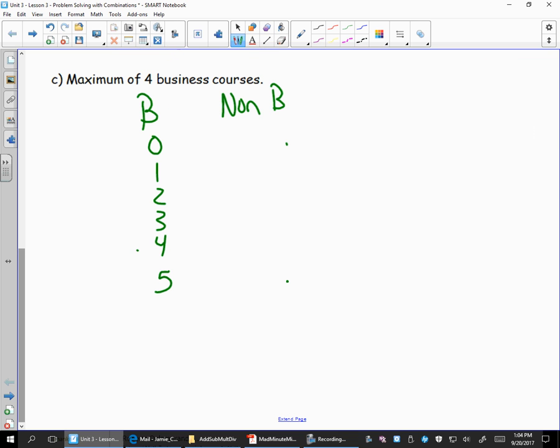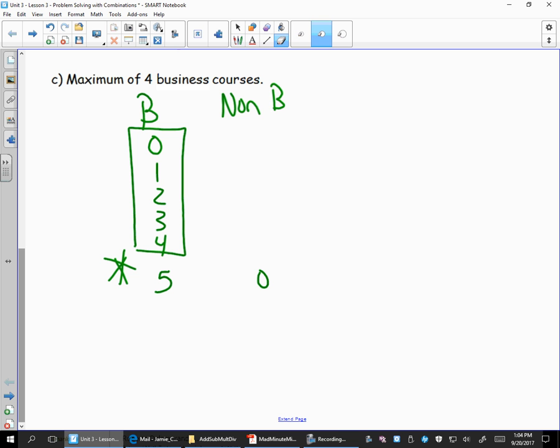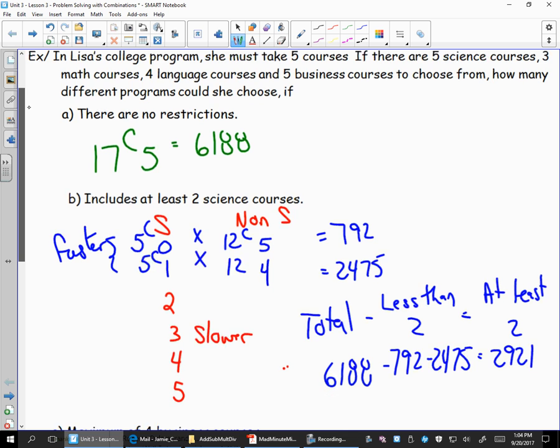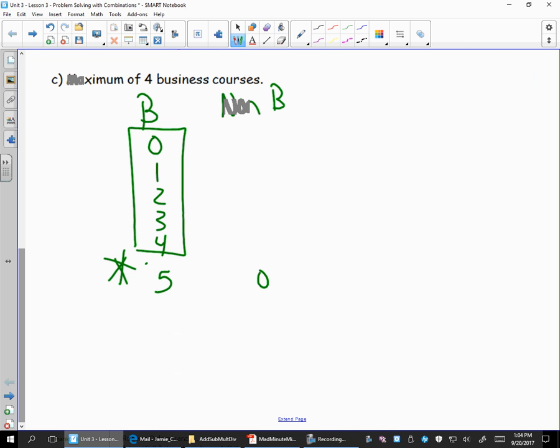So I could go through and add up all of these cases, or I could get rid of this one. So business courses. If I take 5, it implies I'm taking no non-business courses. How do I select my business courses? How many do we have to choose from? Well, there's 5 of them. So 5 choose 5 times, there's 12 non-business courses. This is a nice calculation.